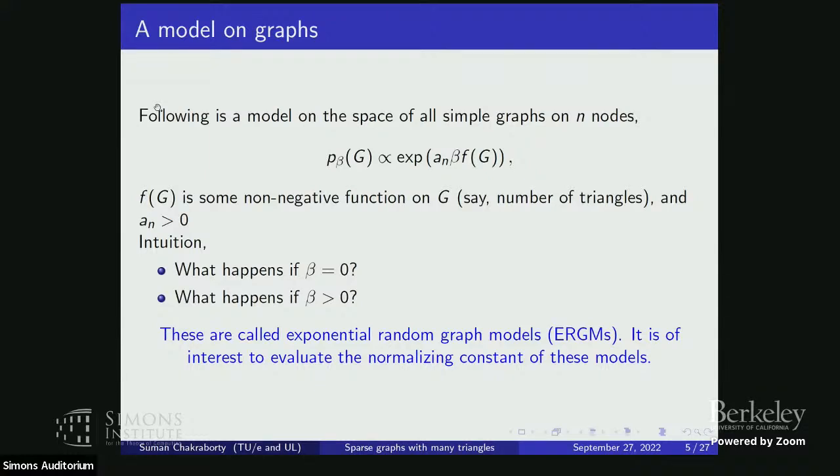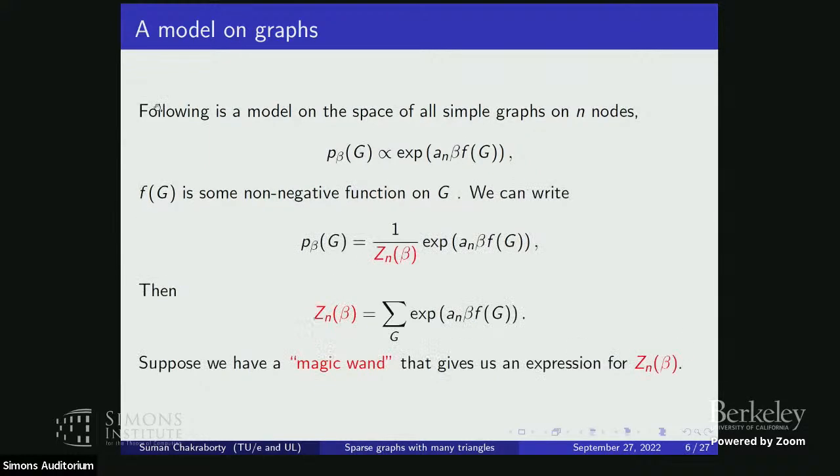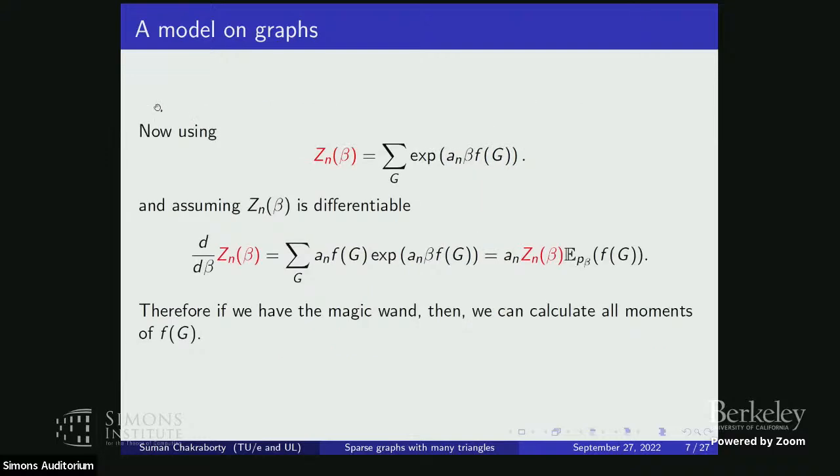So, a very vague explanation of why these models are considered by statisticians. Suppose we know the normalizing constant, how to normalize it. Suppose someone tells you by magic what that normalizing constant is, and that the normalizing constant is differentiable with respect to beta.